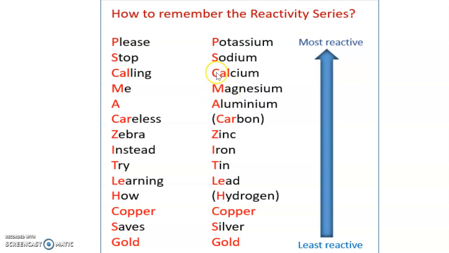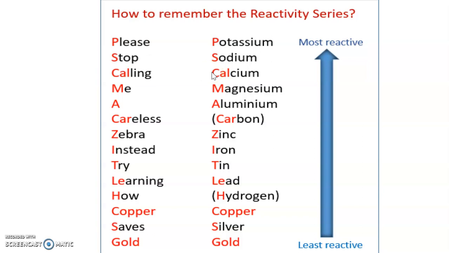It means calcium is more reactive than magnesium, or magnesium is less reactive than calcium. So if we carry out a reaction between calcium and magnesium, in that reaction calcium can replace magnesium from its compound, but magnesium can't displace calcium from its compound. This is because of their reactivities, right?